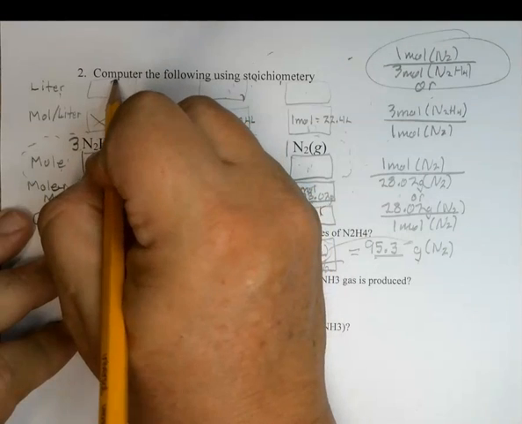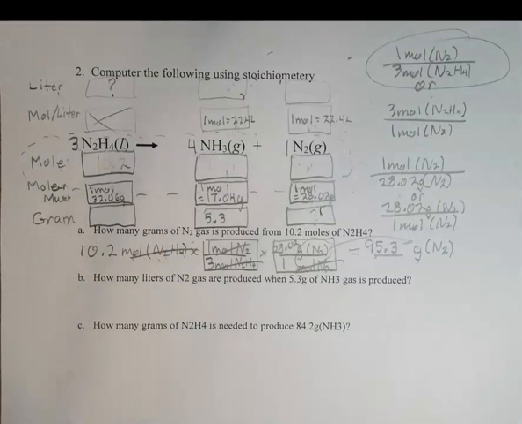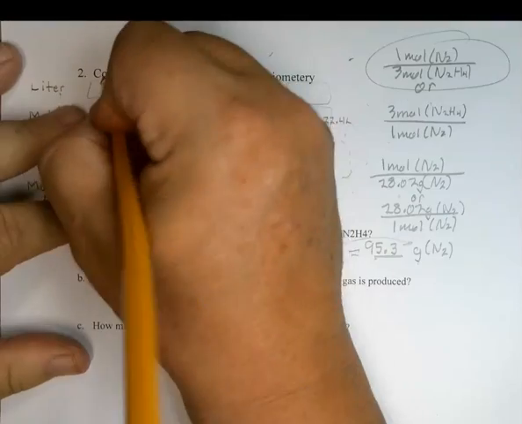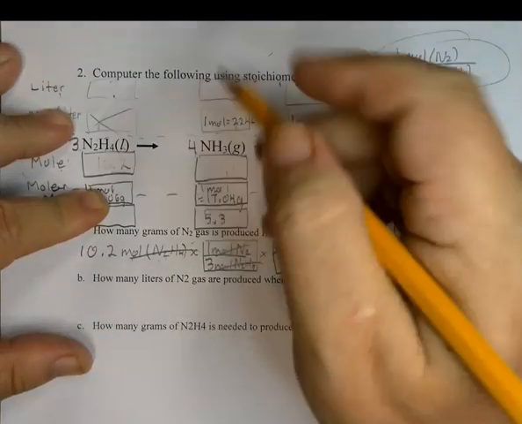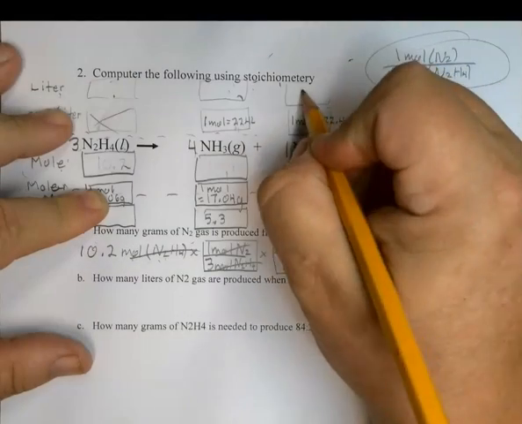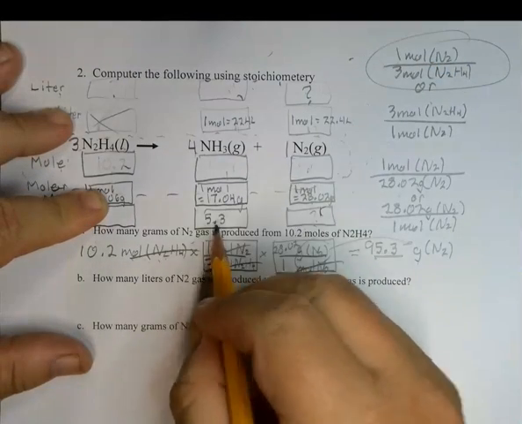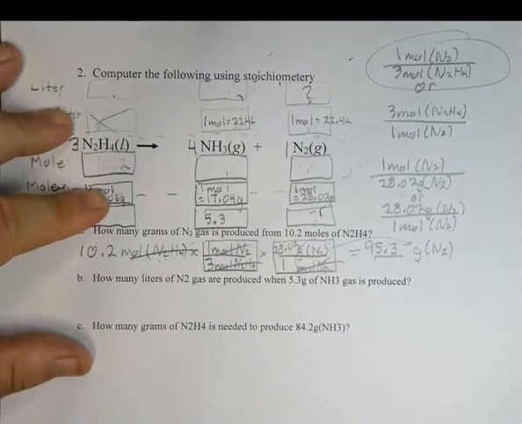So that's going to be way up here in the liters row. Liters of N2 is what I'm looking for right there. 5.3 grams of NH3, so that's good. So the question mark goes above N2.